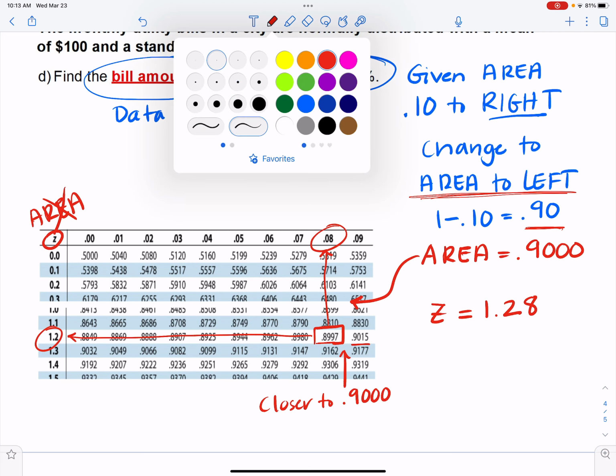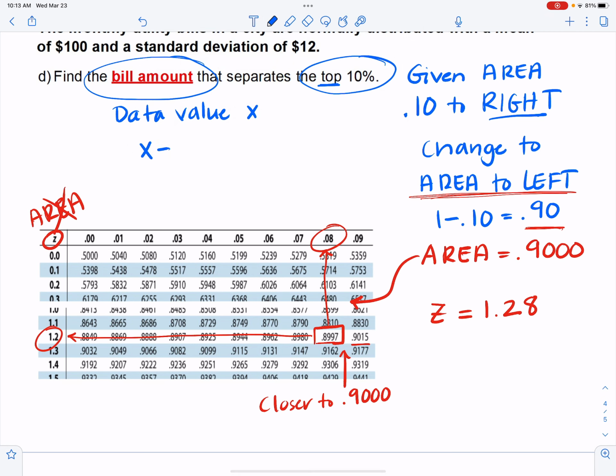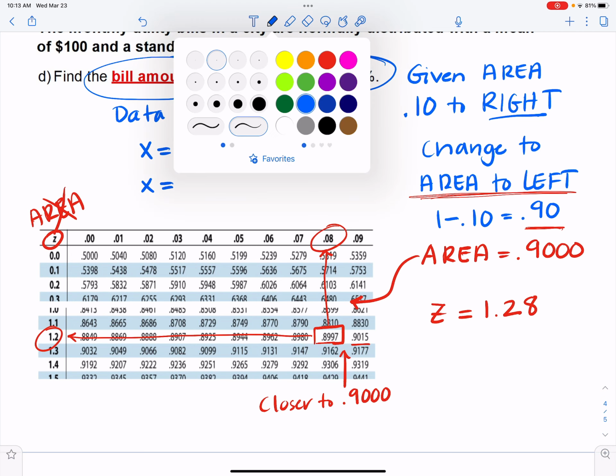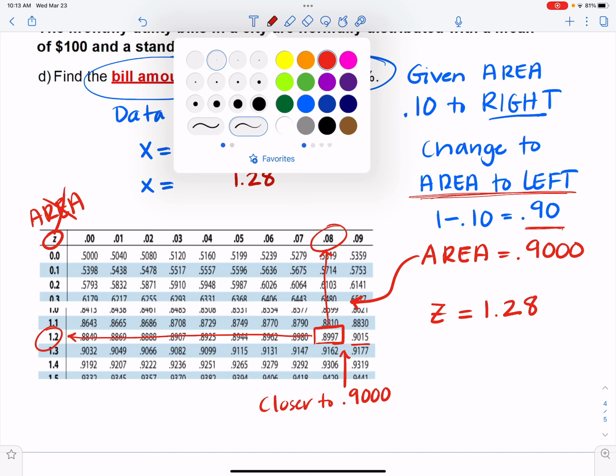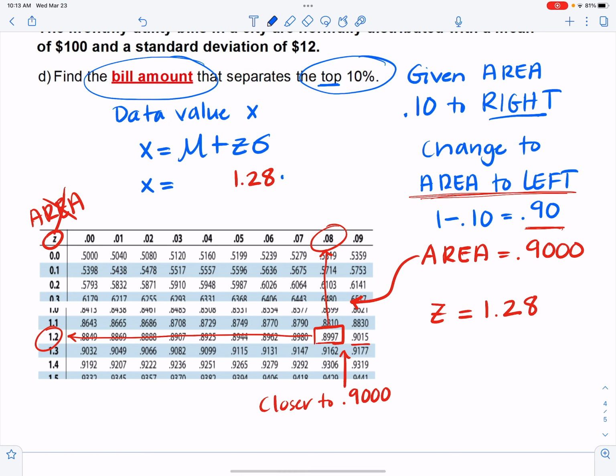But to get back to an actual bill amount, a value of x, I'm going to use my transformation formula, where I take my z, 1.28, that's what I just found from the table. I multiply by the standard deviation, and I add the mean. So z-score was 1.28.